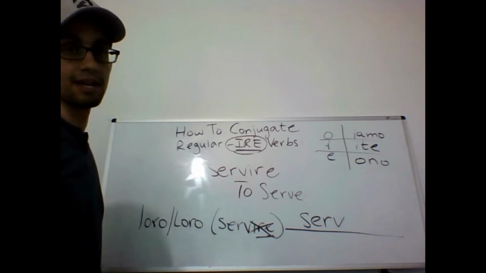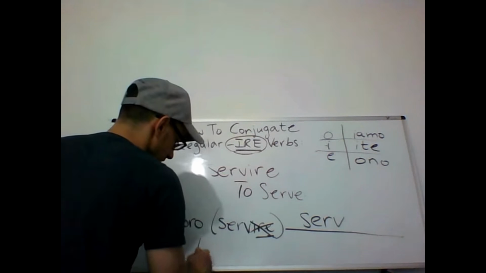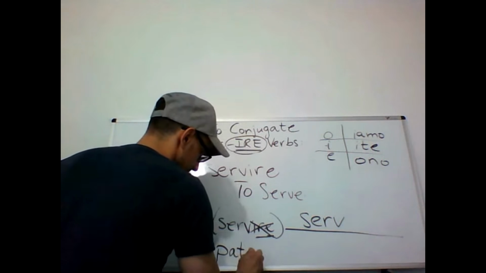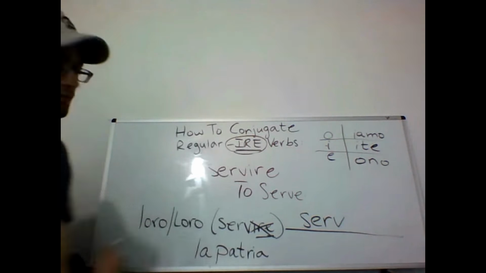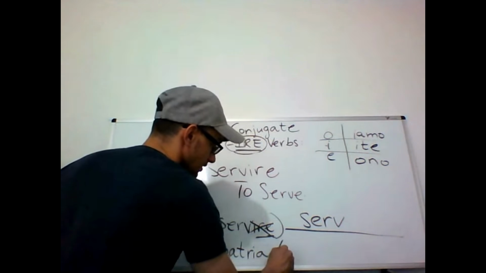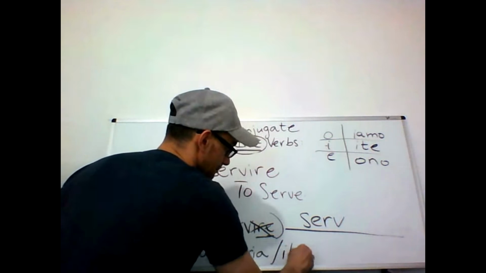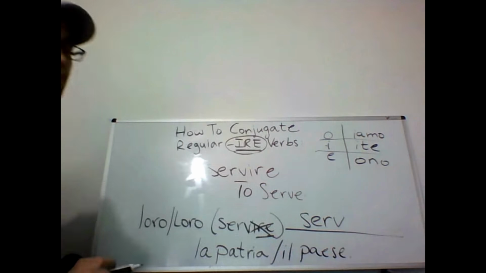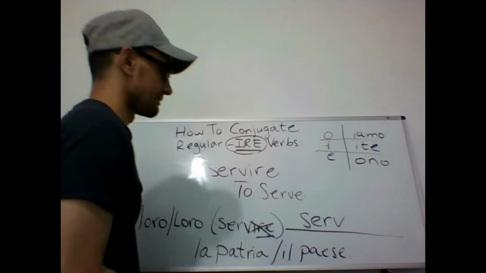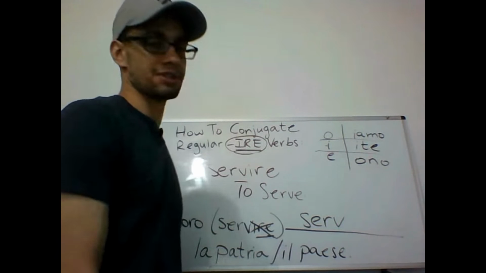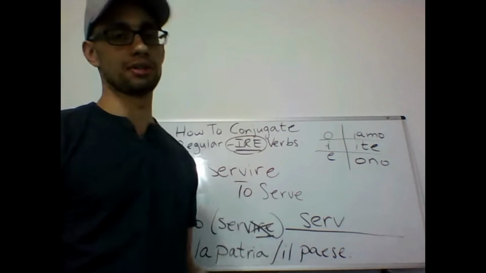Now, if I want to say the country, you can use either la patria, or you can use il paese. Paese is more fluent, it's more fluid, also has a nicer ring to it, but either one you could use.